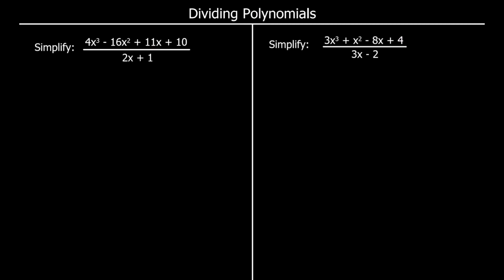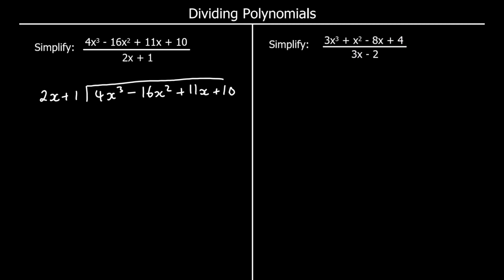Here's another one. This one says simplify, but it's the same question. So we've got 4x cubed minus 16x squared plus 11x plus 10 over 2x plus 1. So when we have a fraction, we can change it into a division question. So I can write 2x plus 1 on the outside and 4x cubed minus 16x squared plus 11x plus 10 on the inside.